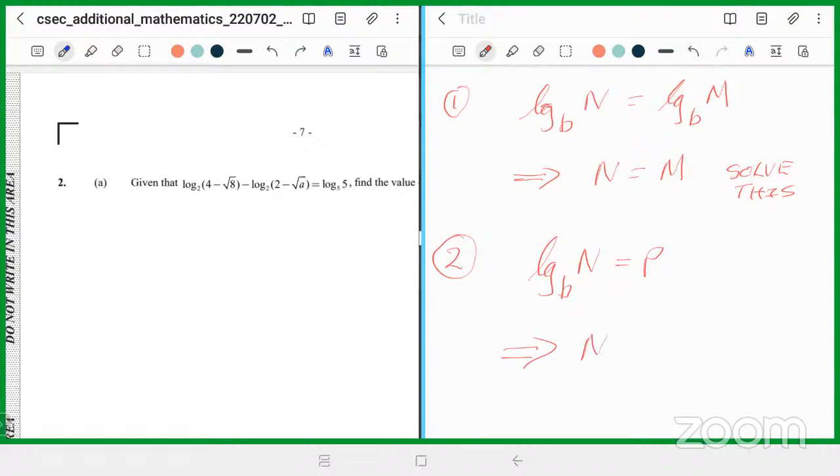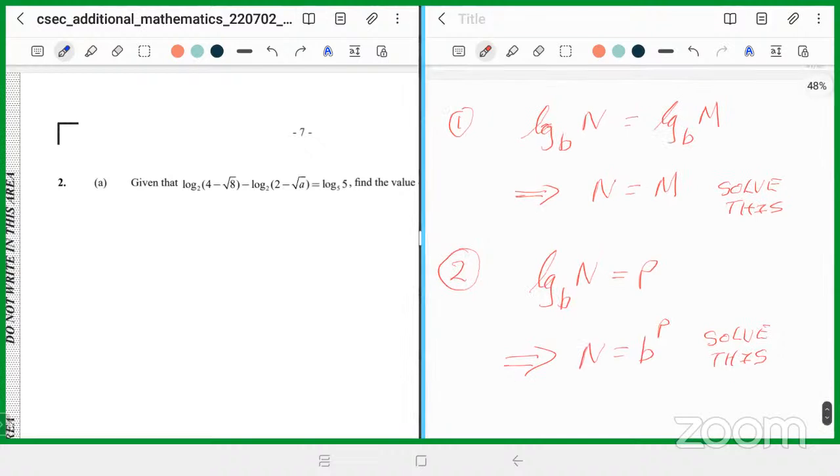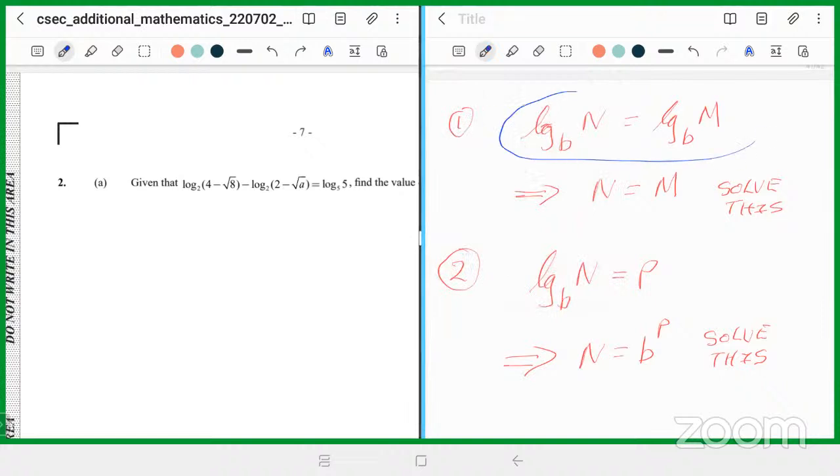Then you would solve this. So every time you have a logs equation to solve, your aim is to bring it simplified down to look something like this, which then would imply that, or you bring it to look something like this, which then would imply that. And then you solve. And that is how you solve logs equations.